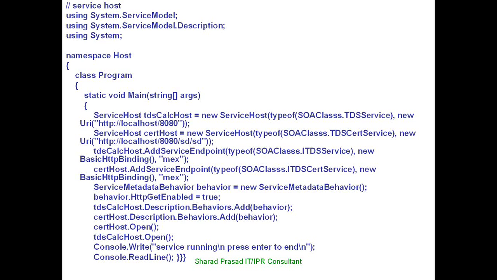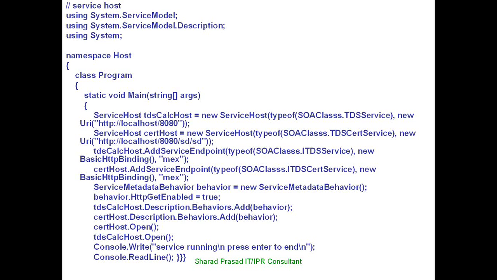So here in this method, AddServiceEndpoint, the first argument talks about the contract, that is the C part of the ABC. The second argument talks about binding, and here it is basic HTTP binding. And the third thing is the address.